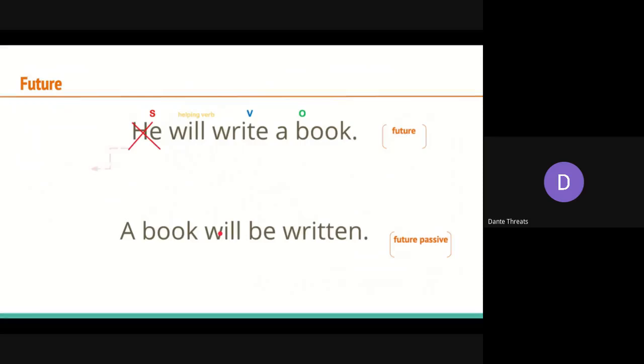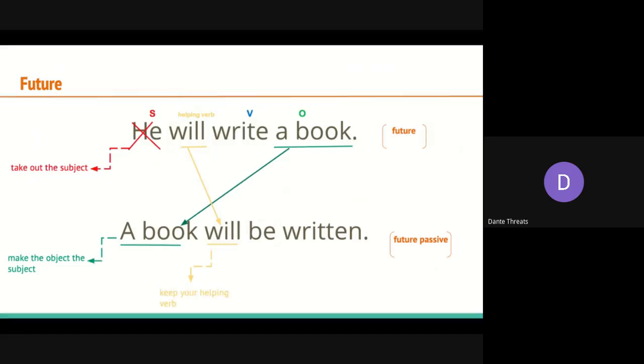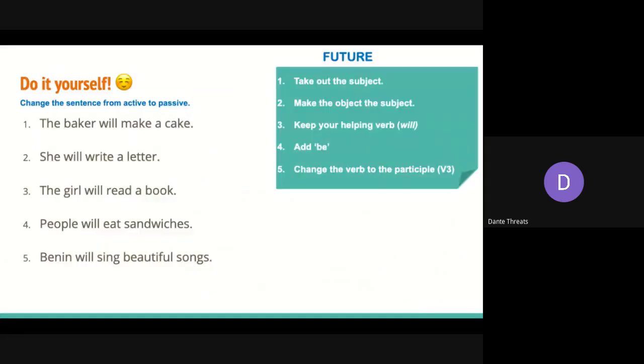First we take out the subject, make the object the subject, keep the helping verb, add be, and then change the verb to the participle. So as the future tense, changing it from an active voice to a passive voice at this point should be pretty easy for you.